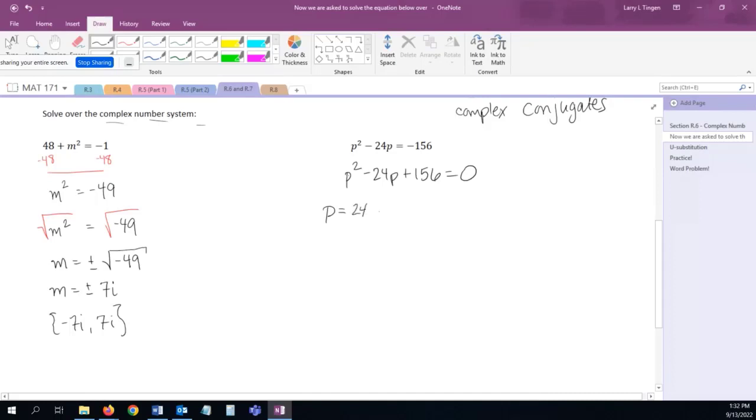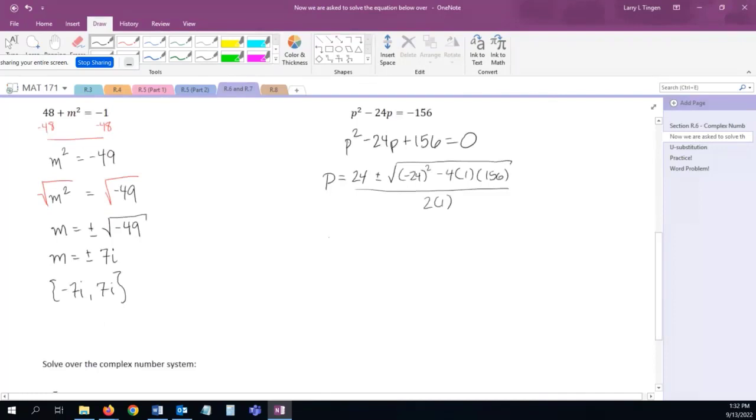Opposite of b means negative 24, which is 24 plus or minus the square root of 24 squared minus, that is, I was taught a long time ago that the sign of b does not matter at that step. So if you see me skip that part and just write it as positive, the reason is for some reason I'm still trying to save paper from 20 years ago.